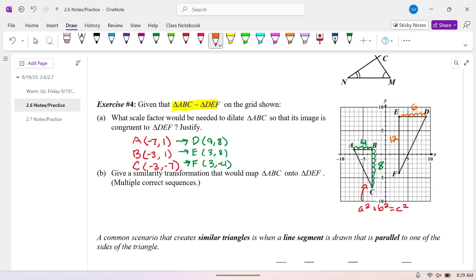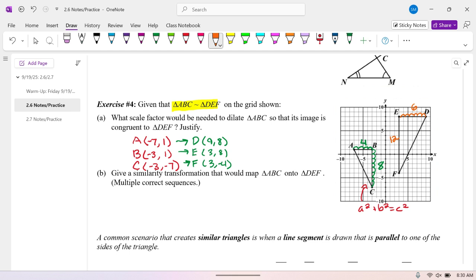Now, the reason I wanted at least 2 side lengths is because you want to have something to compare to. All right. So we know that we're probably going to set a proportion for one of the corresponding sets of side lengths.